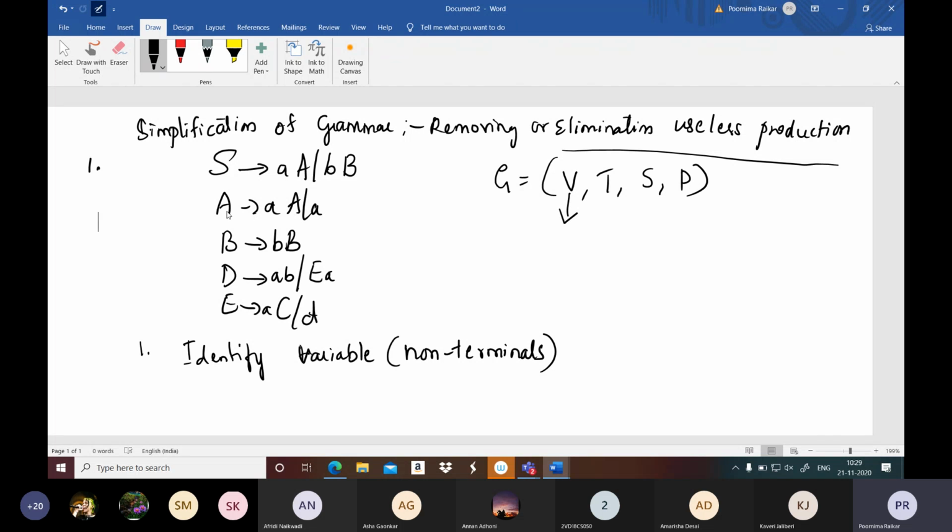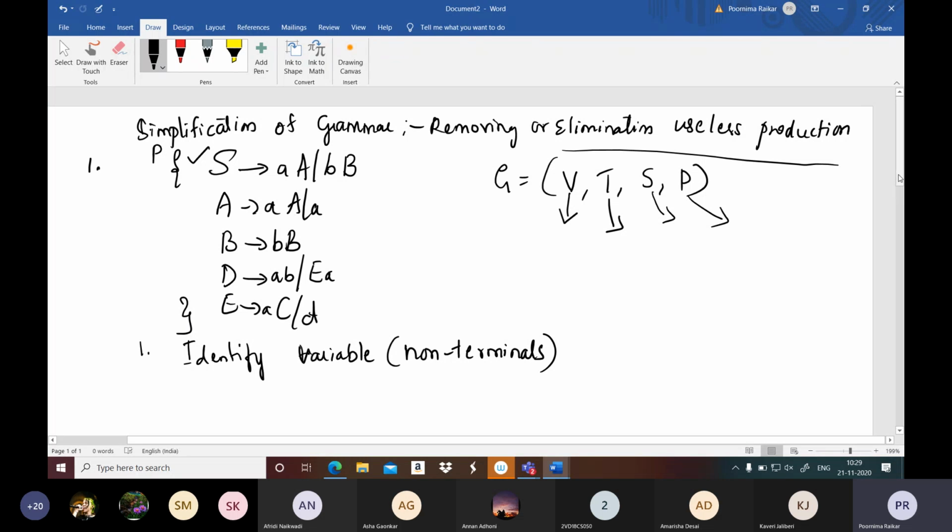All the capital letters in these rules are your non-terminals or variables, and all your small letters like a, b are your terminals, that is inputs, whatever you give. You can also have operators, keywords, identifiers, all of which come under terminals. Same way you have the start symbol, here S, and P is the set of production rules, that is this part only.